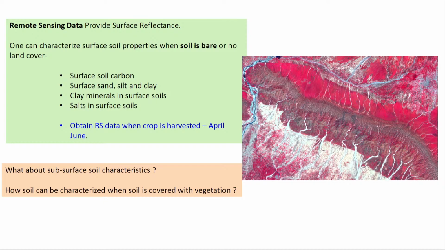But I cannot know the depth of the soils. Depth of the soils I can know only after digging the soil profile or studying the soil profile up to its parent material. Or if I am interested in, as I told you, soil carbon stock, soil quality or soil health, we need to take surface and subsurface samples. But subsurface properties we cannot get directly from surface reflectance.